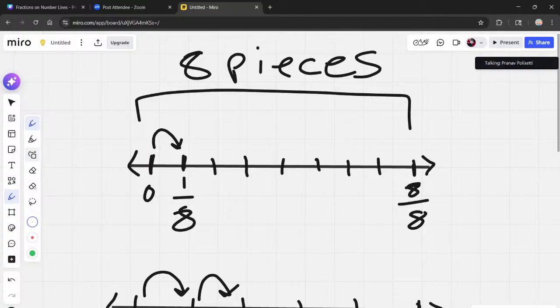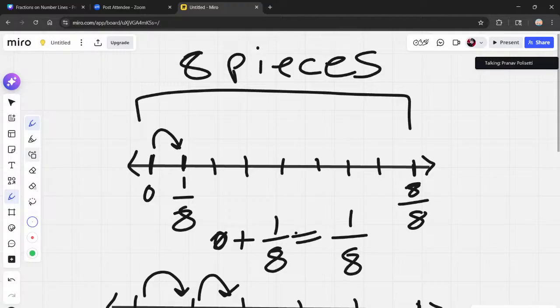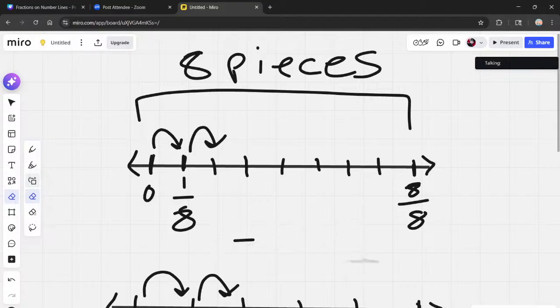So first we add 0 plus 1 divided by 8 because we are adding one of the 8 total pieces, and that's equal to 1 divided by 8. And then we're going to do it again. So we start from 1 over 8, and we're going to add the same number.